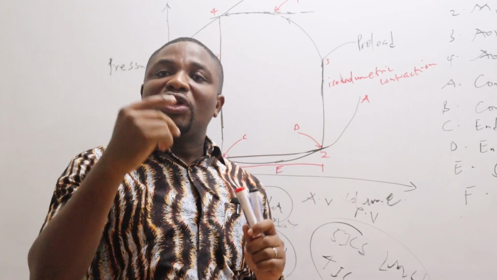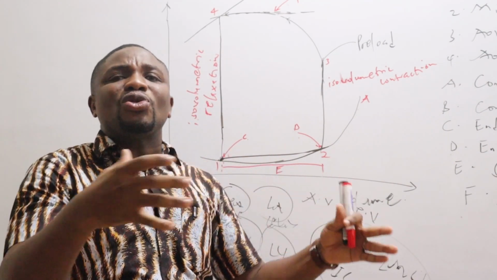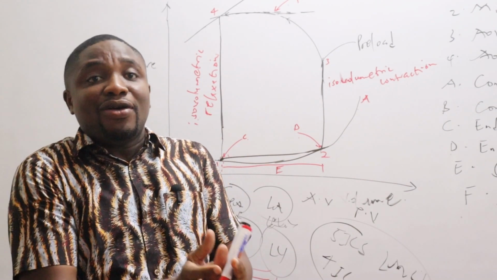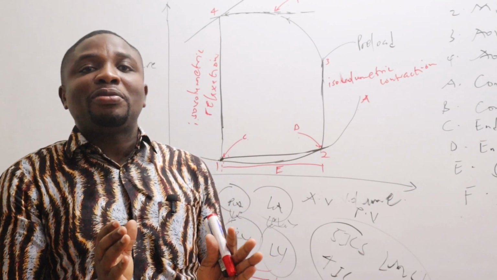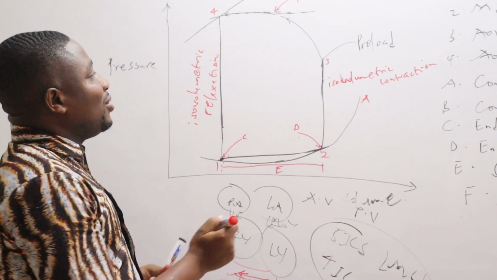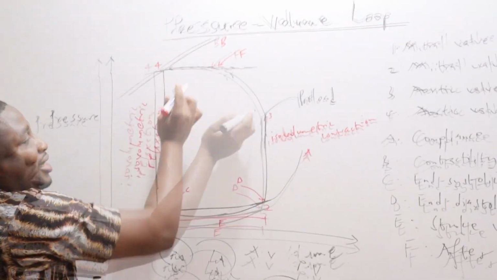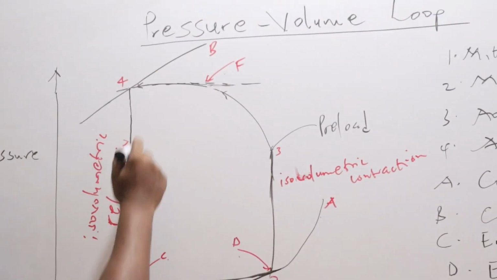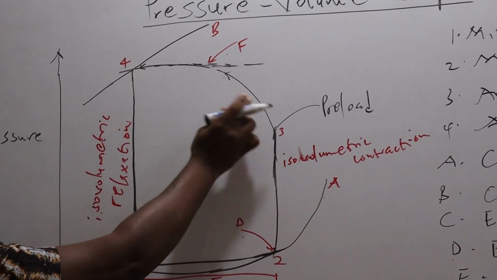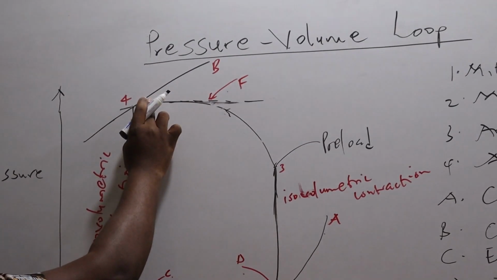And again, that volume of blood is ejected out of the total amount of blood in each chamber at the end of diastole, which we call the end diastolic volume. We'll refer to this as what? The ejection fraction. So if you look at this trajectory, it's showing that there's an ejection ongoing. So if you are ejecting, it follows what? A curve. That is why this is a curve. So this is an ejected what? Volume.